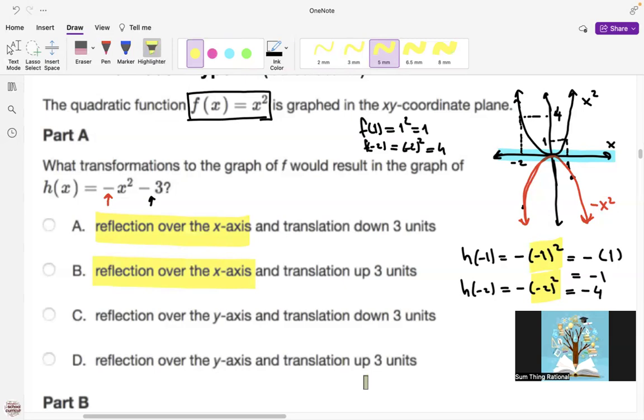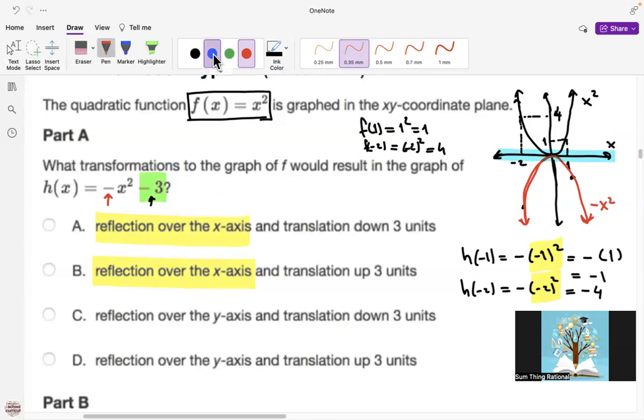After taking the reflection, we need to consider negative 3 also. Since negative x squared is a reflection, negative 3 is a number which is subtracted from negative x squared, which means, as we learned from the previous video, if something is added outside, that is a vertical shift, okay?